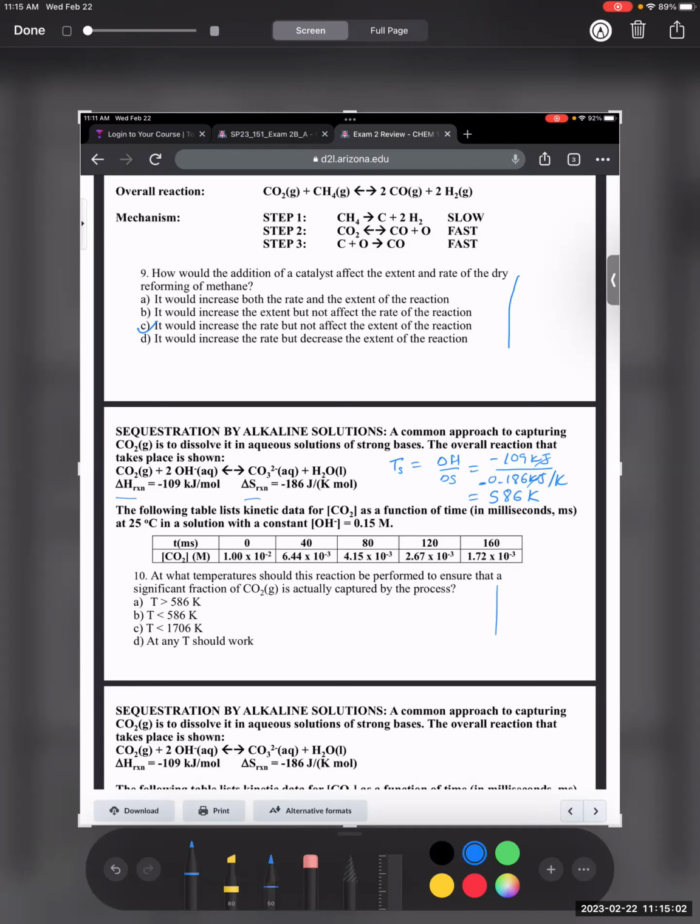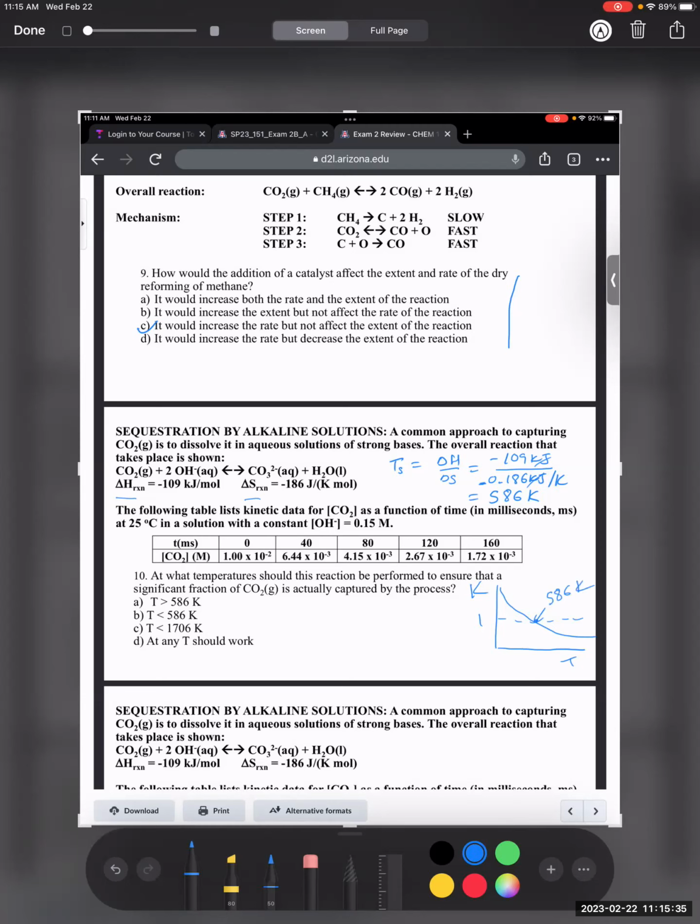So meaning, if you have this graph, K versus temperature, at low temperatures it's going to be product favored. That means K is greater than 1 at low temperatures. And then at high temperatures, K is going to be less than 1. So this switching temperature over here is 586 Kelvin.